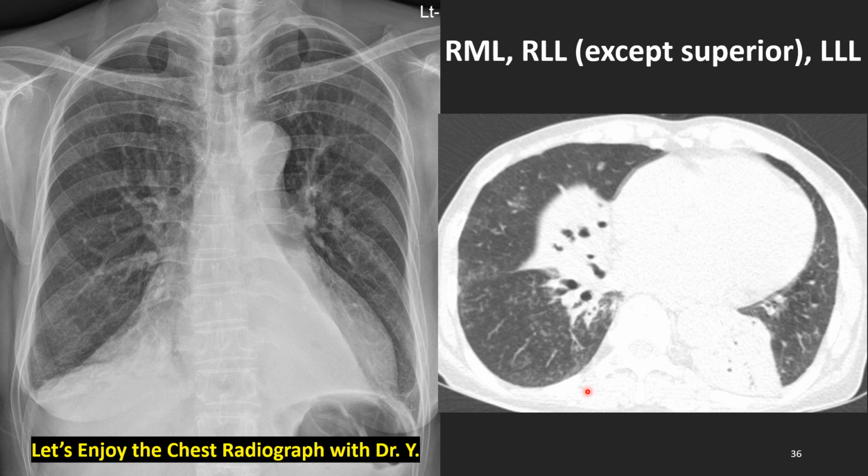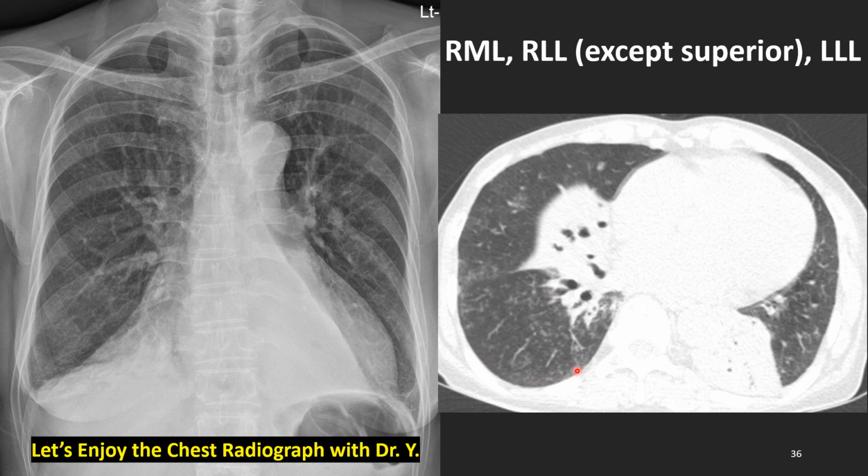This actual CT scan gives us the answer. Left lower lobe collapse, inflated left upper lobe, right middle lobe collapse, obliteration of right heart border, then this must be right upper lobe, and this is right lower lobe.